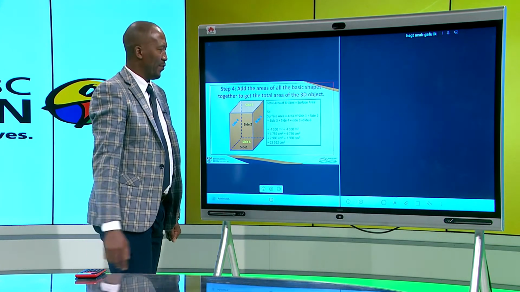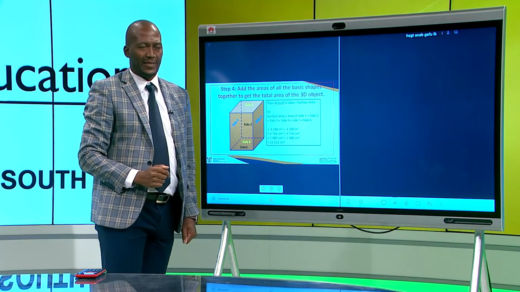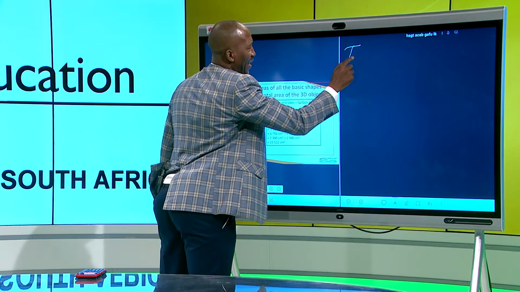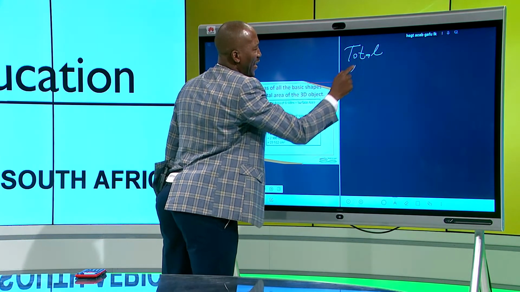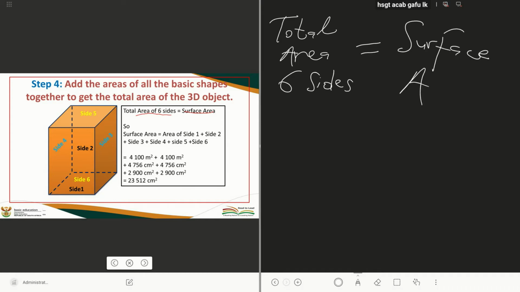Our main concept now. The total area of the 6 sides is equal to the surface area. Now let me abbreviate surface area with our abbreviation SA, not South Africa, but surface area.